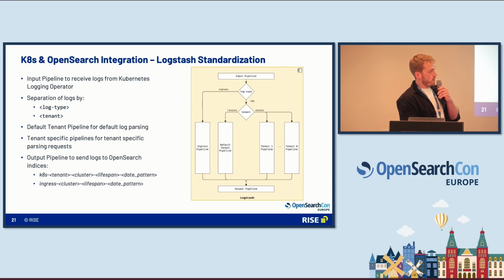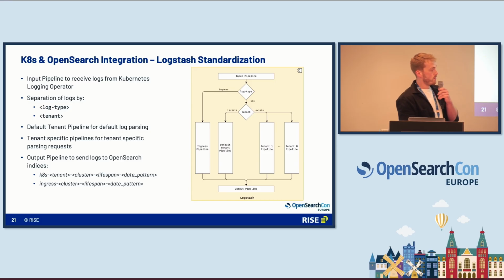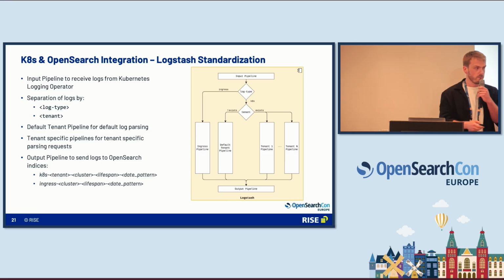If a tenant needs some special parsing and this default tenant pipeline isn't enough, then we have some tenant-specific pipelines. So whenever a tenant comes to us and says, this basic parsing won't work for me, then we can just add a new tenant pipeline for this particular tenant.